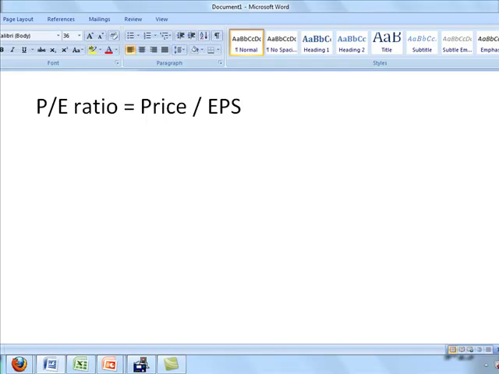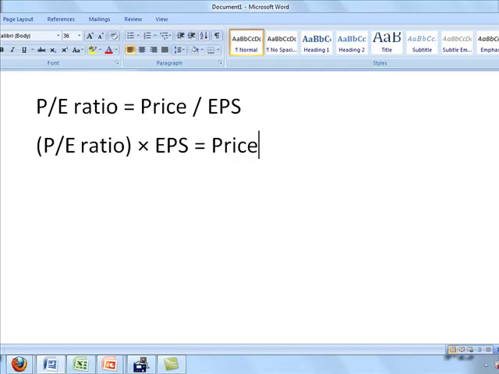Okay, so if I rearrange this formula just a little bit and basically just multiply here by earnings per share, then what I'm going to get is the following. I'm going to have the price earnings ratio times earnings per share equals the price of the stock. Okay, the math there is pretty much unassailable.